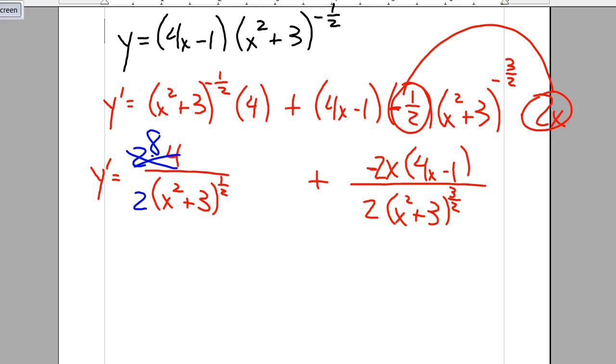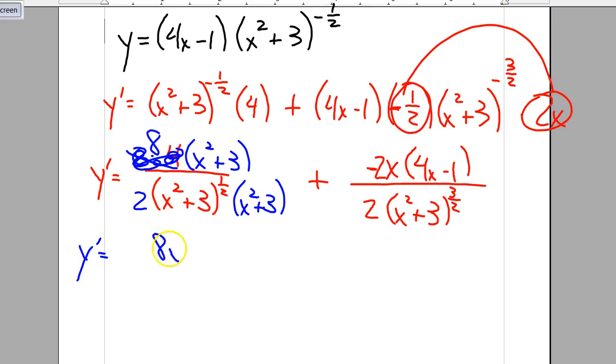So how many more of them do I need in this one? 2/2, which is just 1, right? I need exactly 1 of those to be there, so I'm going to put 1 of those on the top also. And if I distribute, this will be 8x squared plus 24 over all that stuff.